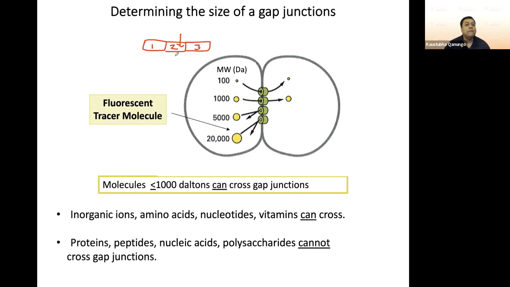Now, just to confuse you, I can tell that I am injecting a calcium molecule, and along with that, the fluorescent dye. So inorganic ions, amino acids, nucleotides, so your calcium is an inorganic ion.